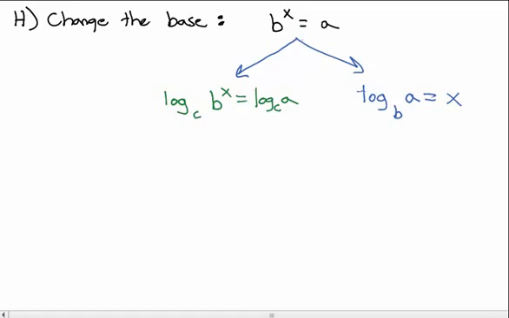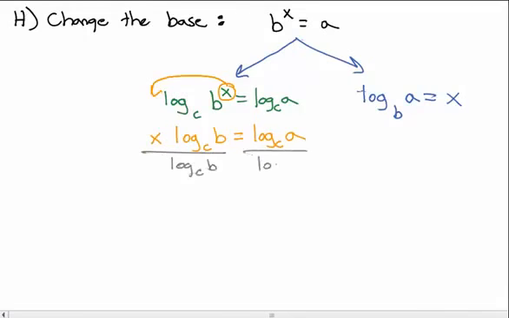So, grab that exponent and pull it out front. x times log base c of b is equal to log base c of a. Get x alone by dividing both sides by log base c of b. And x is equal to log base c of a over log base c of b.